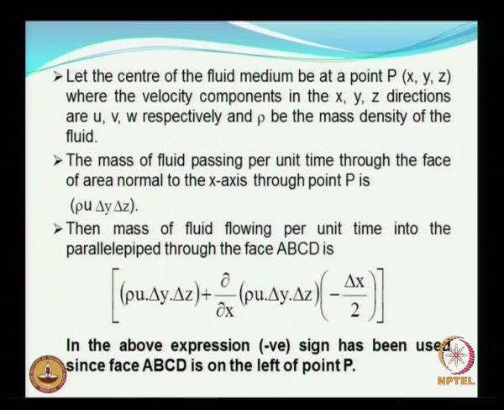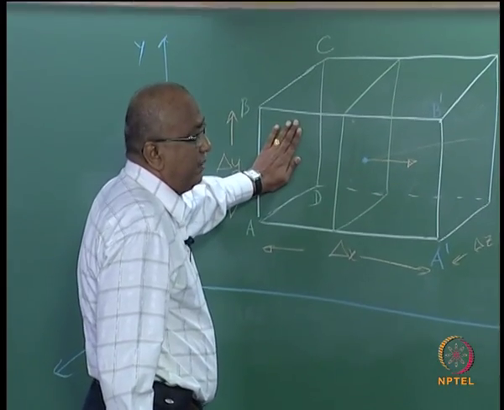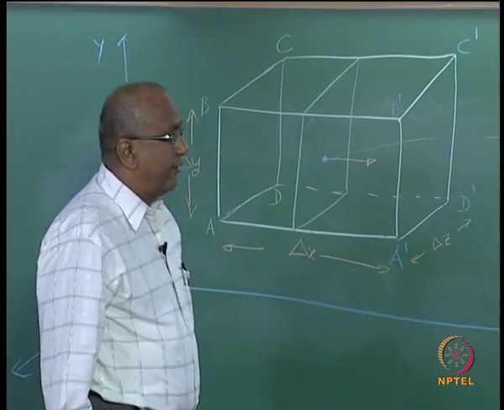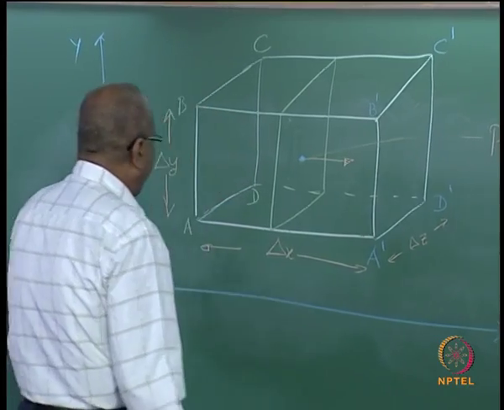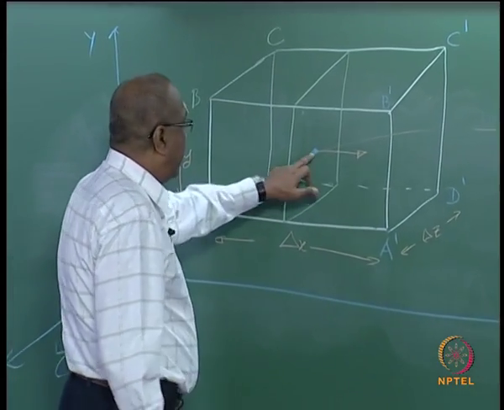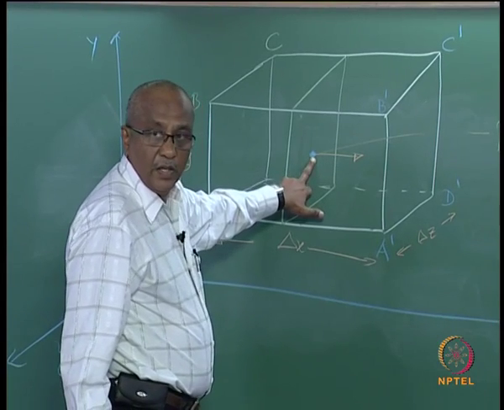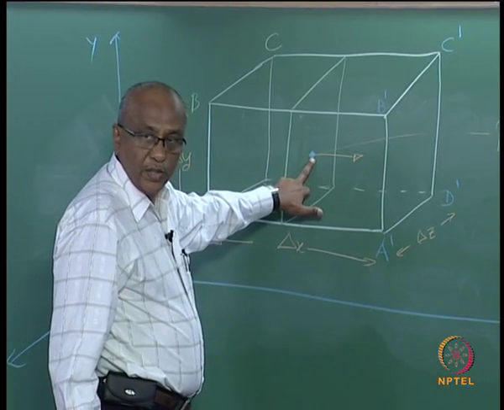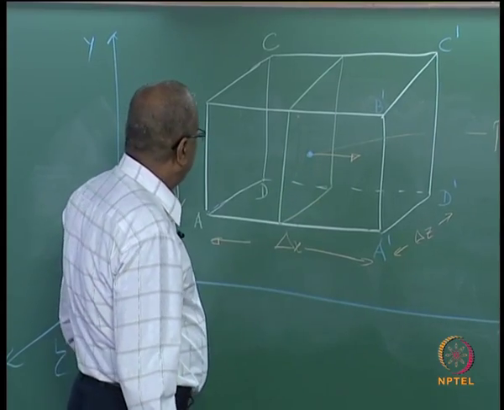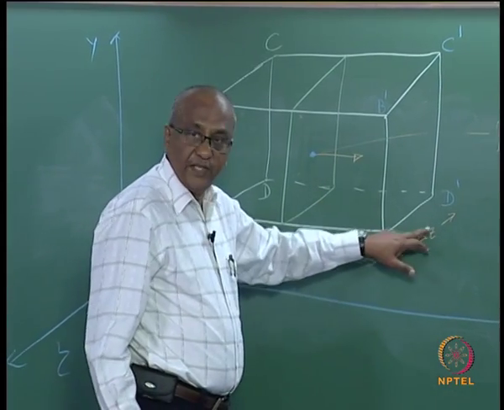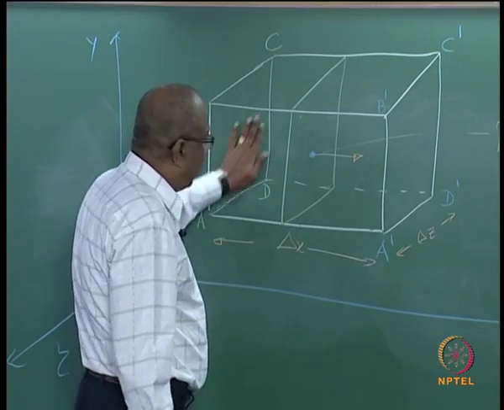So the mass of the fluid that is going to pass per unit time through the face normal to the x axis at point P will be rho u delta y delta z, that is the area.